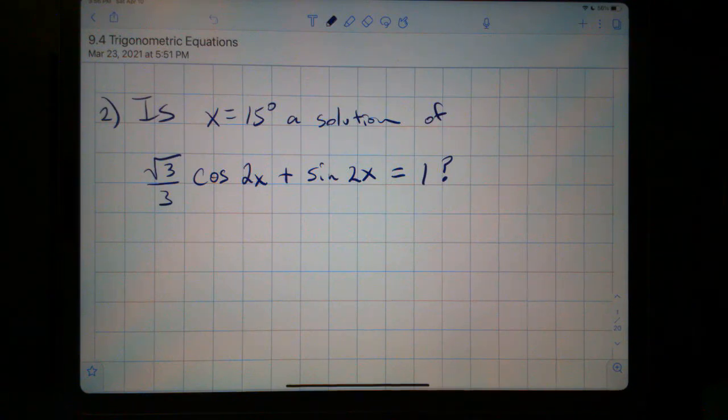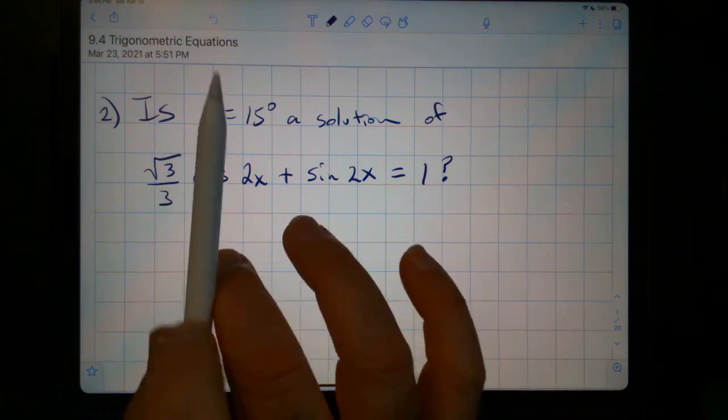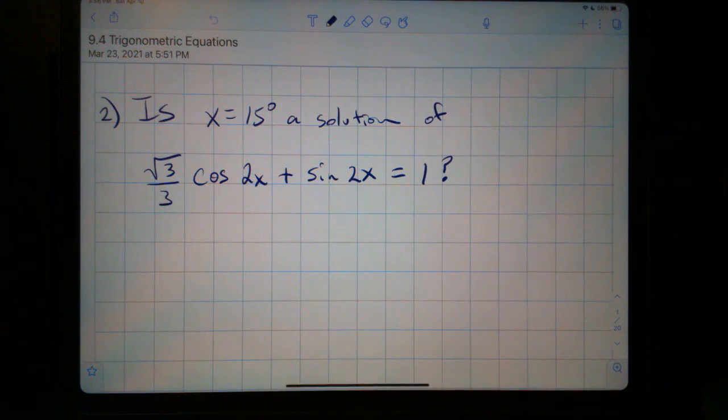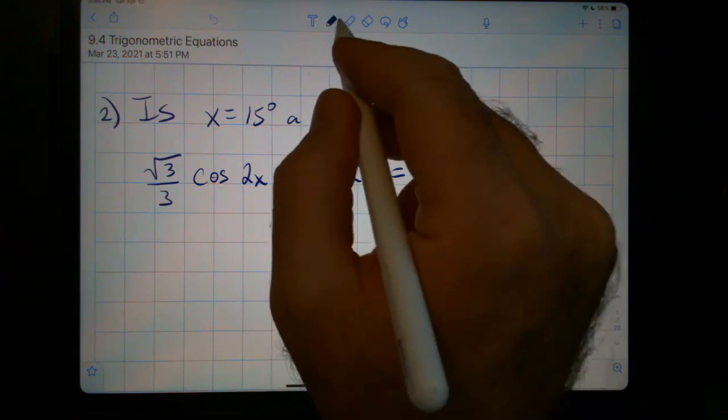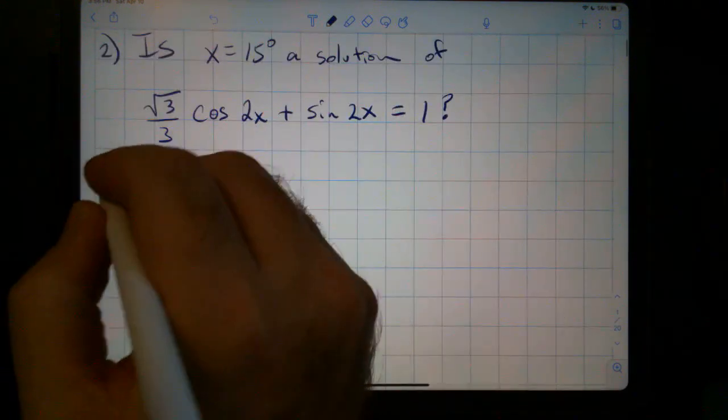Hello. So here I'm going to solve some trigonometric equations. Number 2, is x equal 15 degrees a solution of this trigonometric equation? Well, let's put 15 degrees in and see.